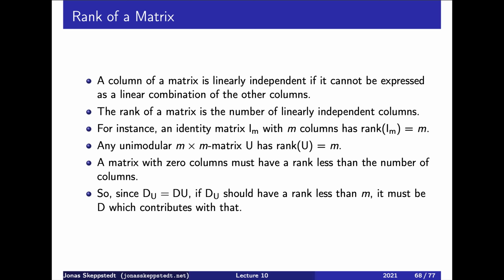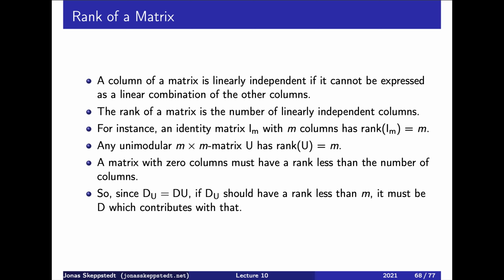First, since a unimodular matrix has full rank, meaning all its rows and columns are linearly independent, and we want to find a matrix DU with a leading zero column, we cannot rely on U to get that zero column.